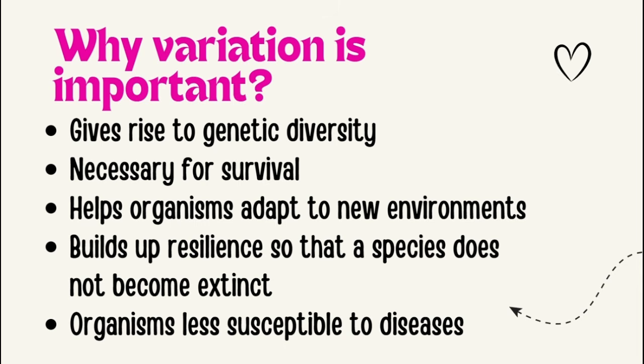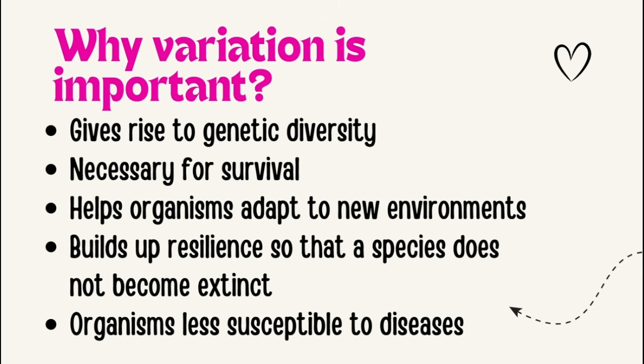It's necessary for the survival of any living organism, and it helps organisms to adapt to new environments. It builds up resilience so that a species does not become extinct, and it also makes organisms less susceptible to diseases, right? By the way, the variation would come from sexual reproduction and only sexual reproduction.